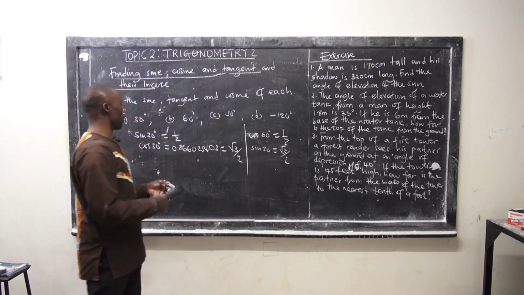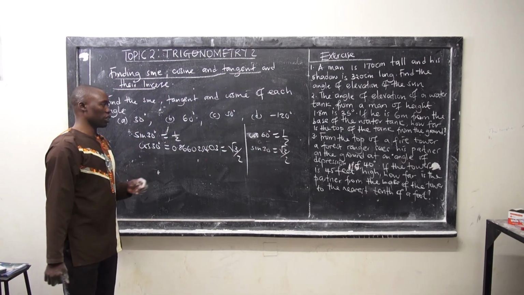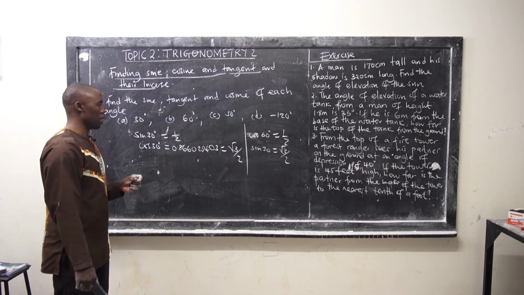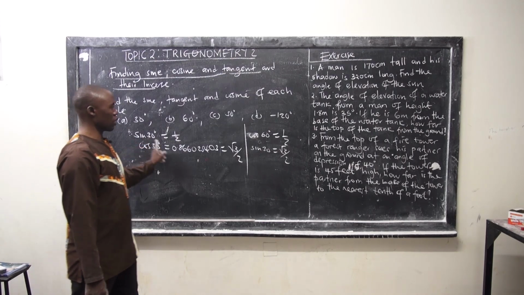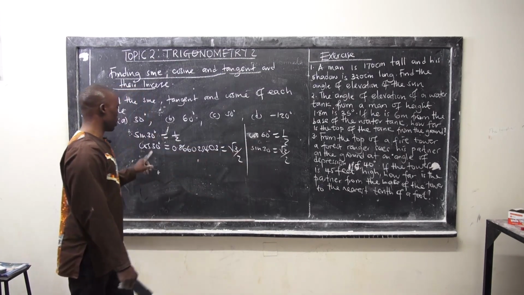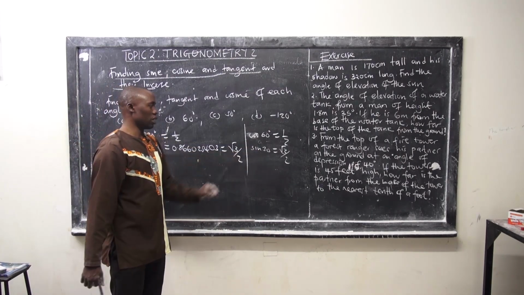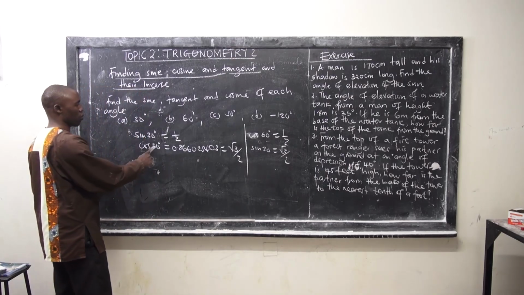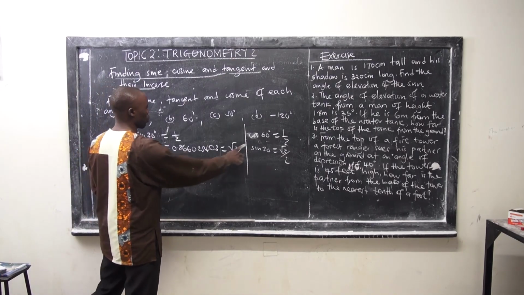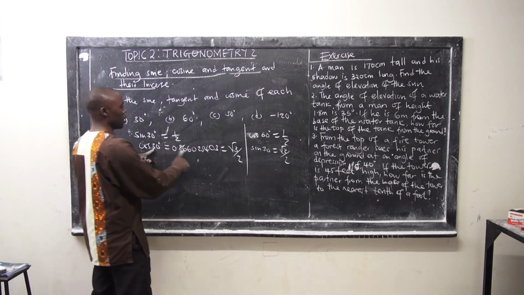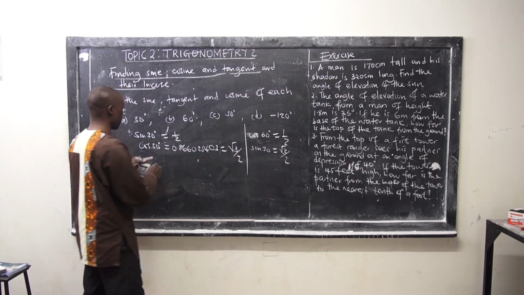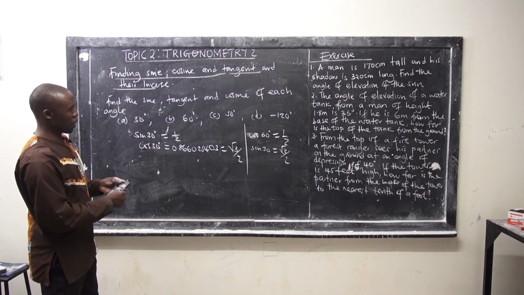So we can observe that sine and cos are complementary to each other, that sine of 30 is actually cos of 60 and cos of 30 is sine 60. Hope I've punched that right in.